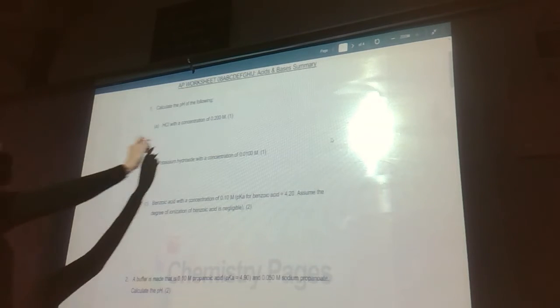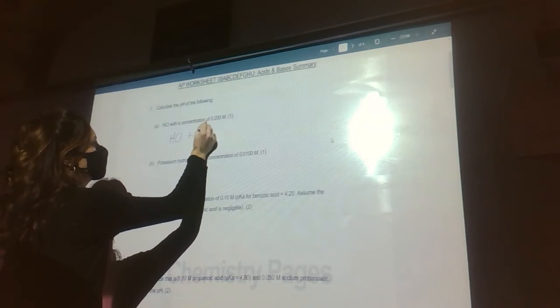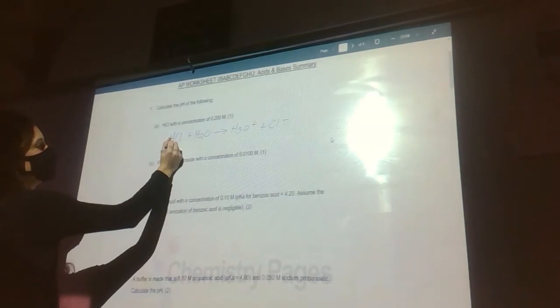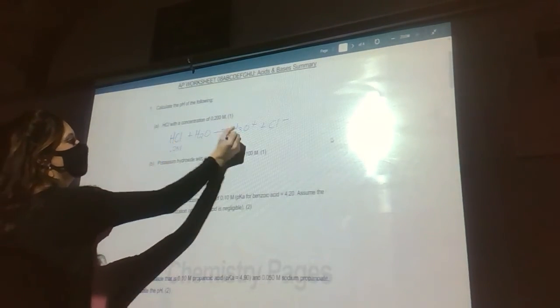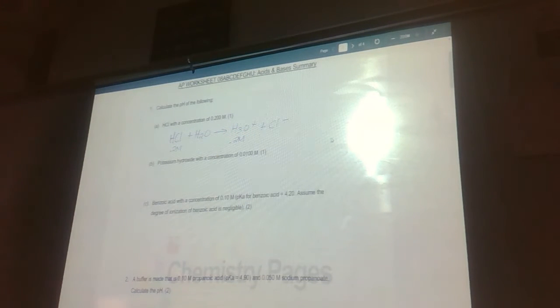Okay, so this one, strong acid. So if this is 0.2 molar, this is 0.2 molar. Just take the negative log of 0.2 to find the pH. Right? Strong acid. Strong base.